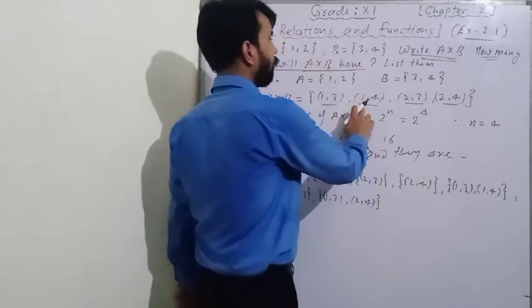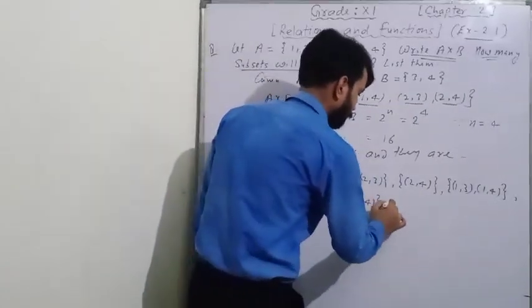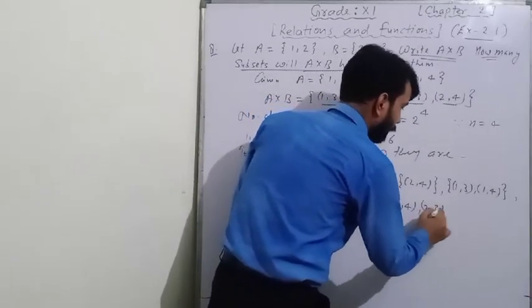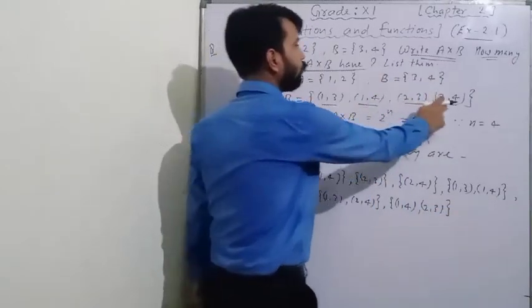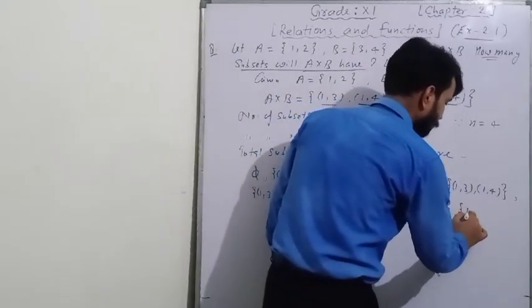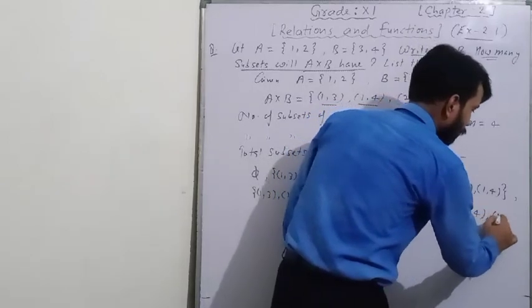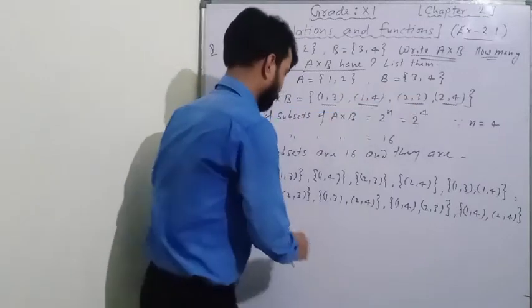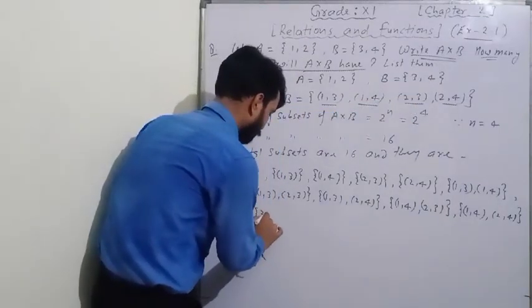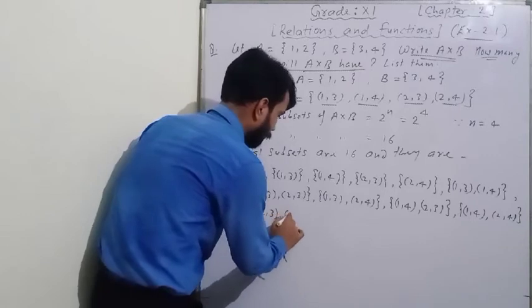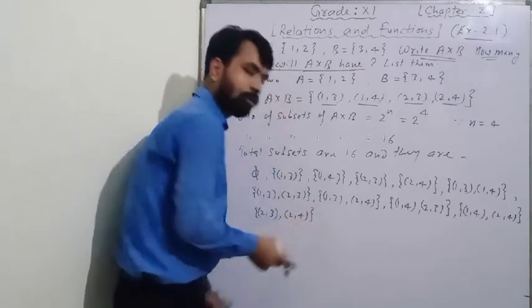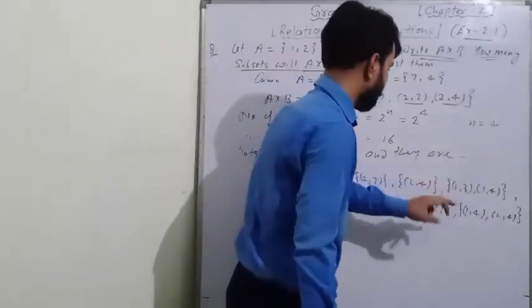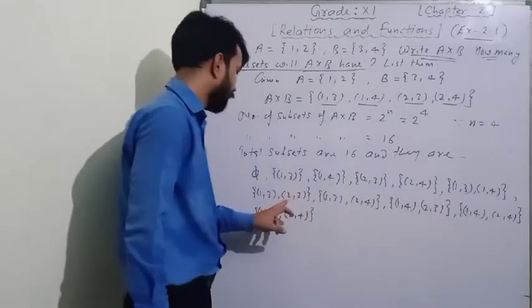Now (1, 4), (2, 3). Now (1, 4), (2, 4). Now (2, 3), (2, 4). Now count how many subsets there are: 1, 2, 3, 4, 5, 6, 7, 8, 9, 10, 11.